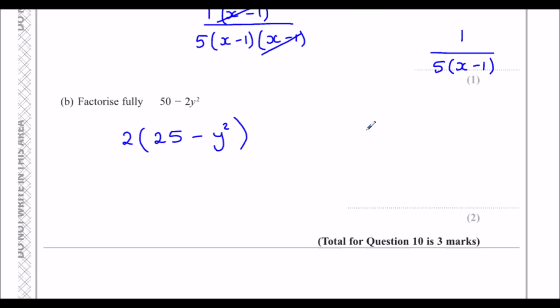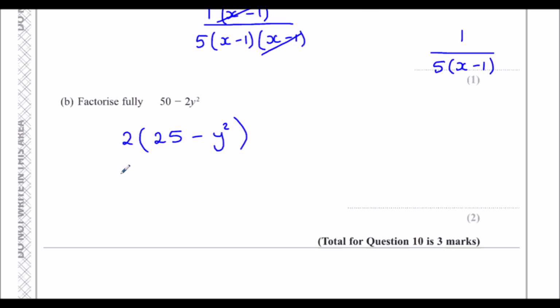So I've factorised it. I haven't factorised it fully because I can factorise the bracket again. So this is one to recognise. It's a difference of 2 squares. So 25 and y squared are both square numbers with a minus in the middle.